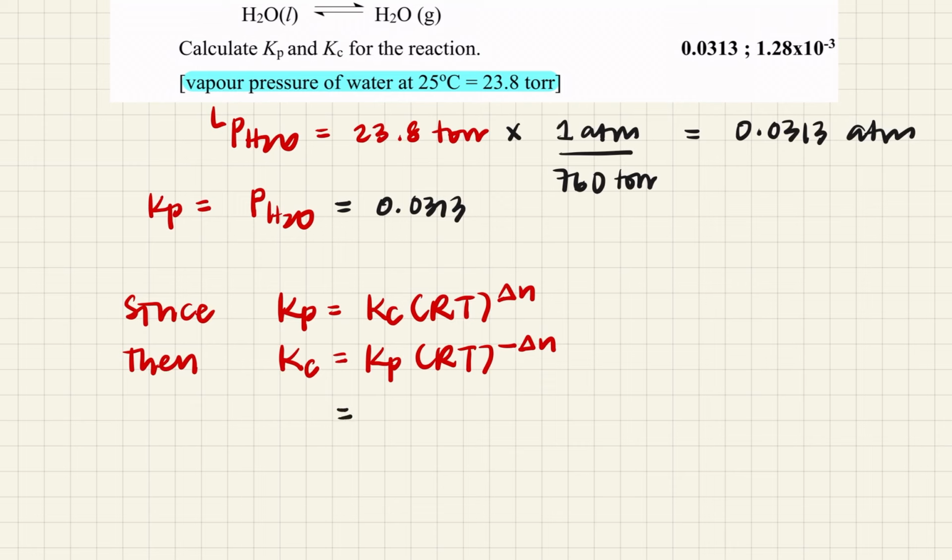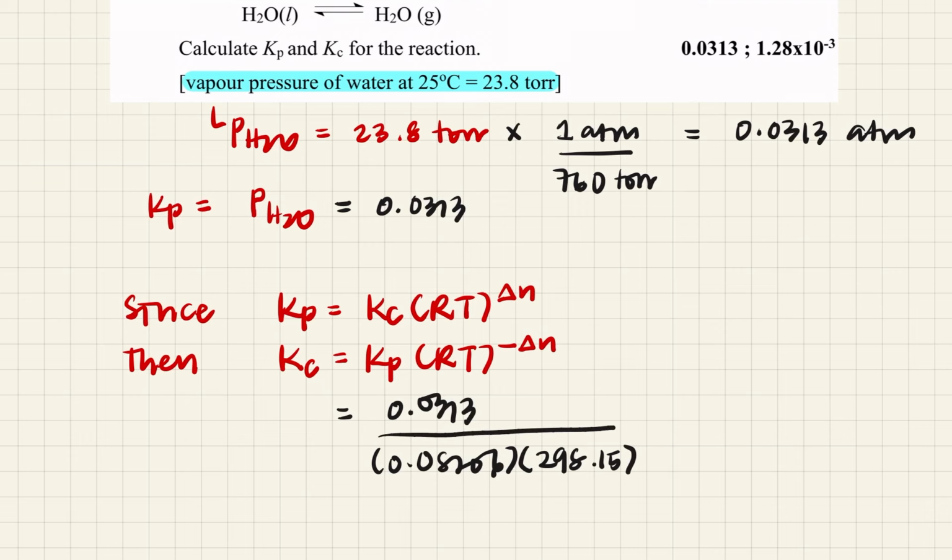So what you're going to do is just plug in your values. So you will get 0.0313 over your RT to the power of delta n. Okay, so your R will be 0.08206 liter atm per mole per Kelvin times 298.15 Kelvin.